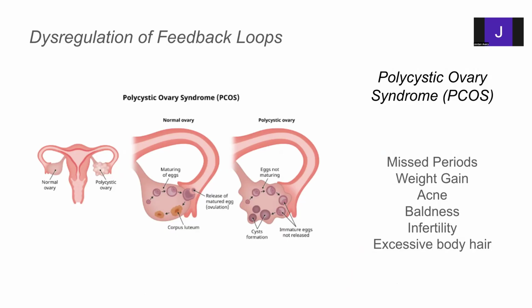Due to elevated levels of LH, which promotes ovulation, and low FSH, which promotes follicle maturation, the ovaries develop immature follicles that do not ovulate, meaning no oocyte is released during the menstrual cycle. This leads to irregular or absent periods because ovulation is not happening as it should. High LH also overstimulates the ovaries, causing them to produce testosterone and other androgens in excess.